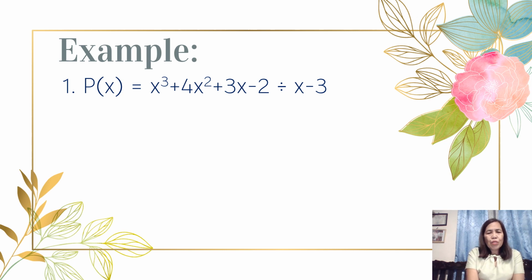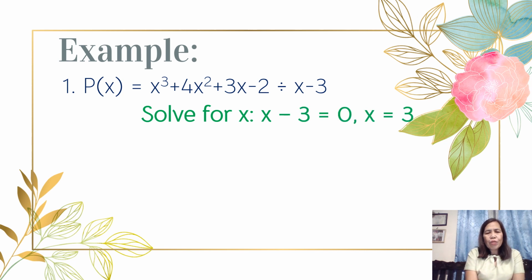Okay, so paano ba siya? First, you are going to solve for x in the divisor. So, if x minus 3 equals 0, x is equal to 3. And this 3 will be substituted to all x. So, all x becomes 3.